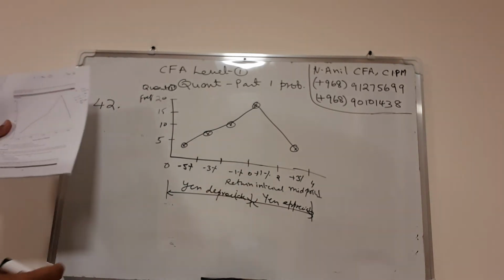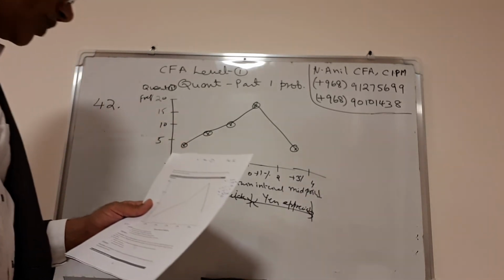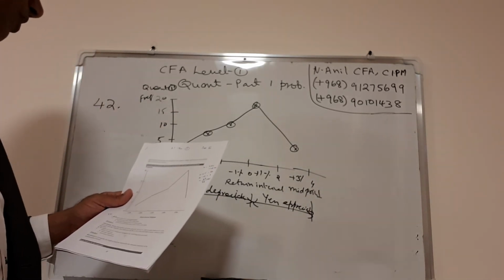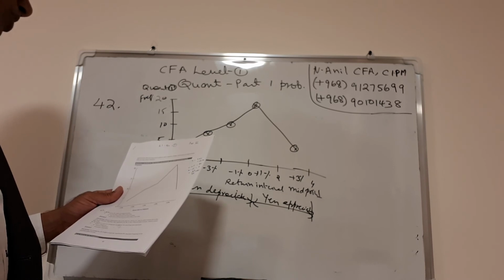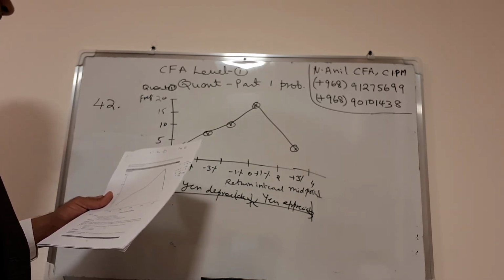Based on the chart, yen appreciation occurred more than 50% of the time and was less frequent than yen depreciation. In the 0 to 2 interval, it occurred 20% of the time.